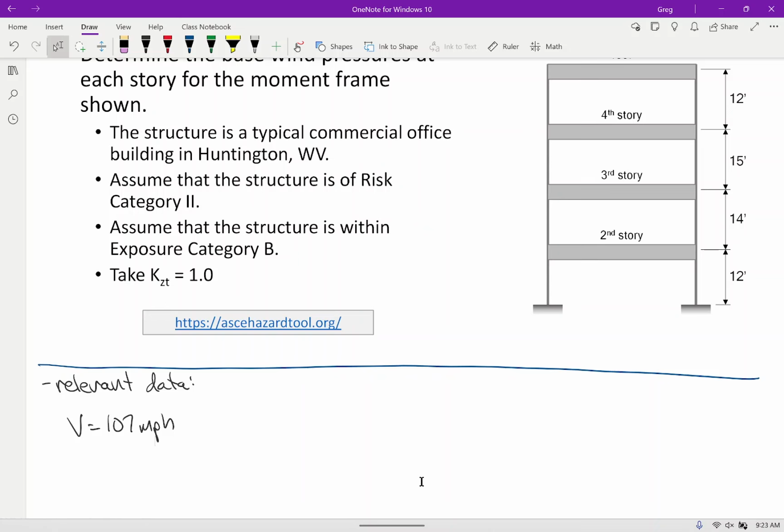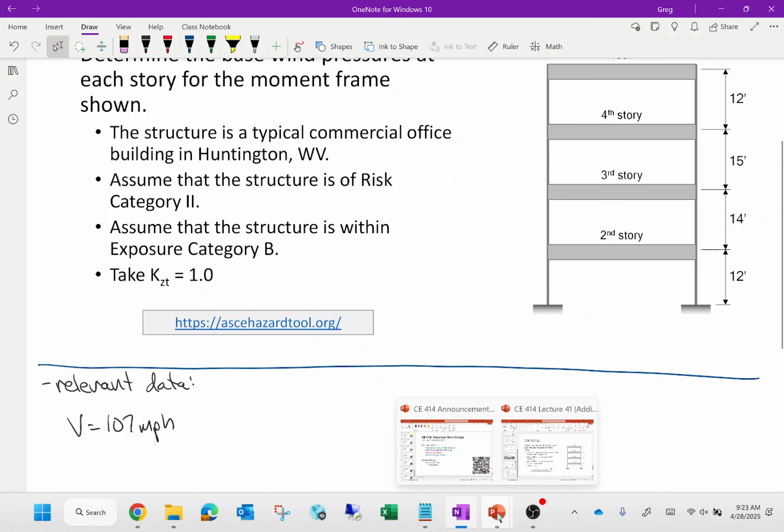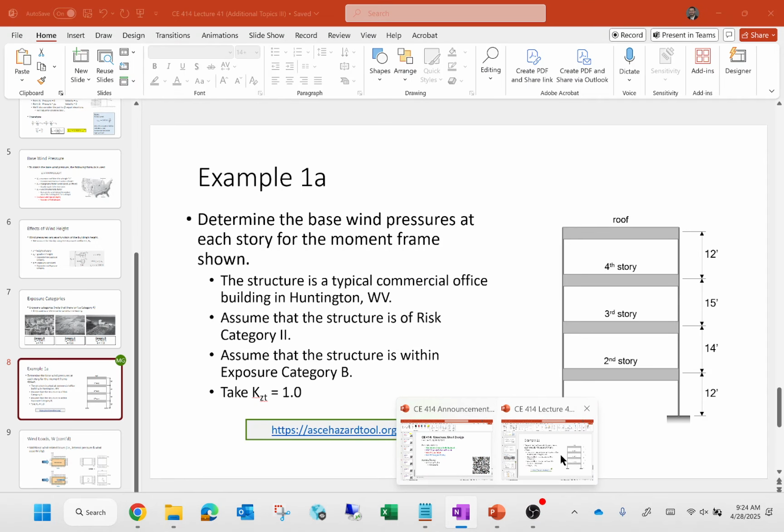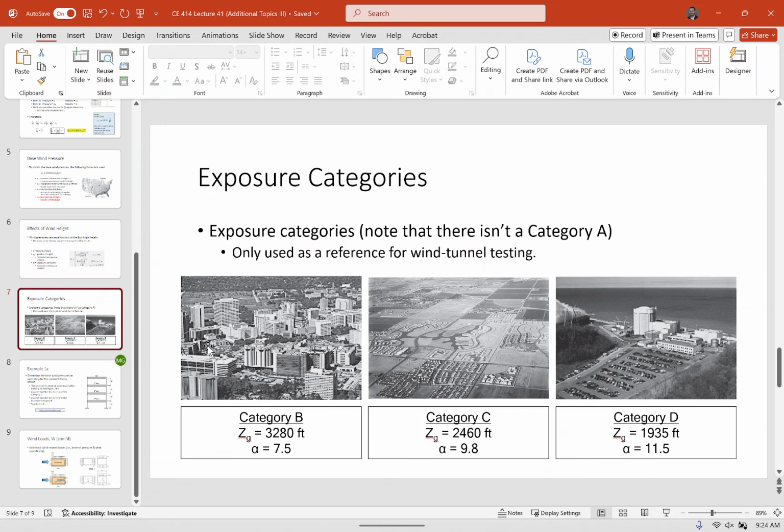Okay, so we're going to use a wind speed of 107 miles per hour. We're within exposure category B. In exposure category B, that affects these terms here, zG and alpha, so you have different values for each category.